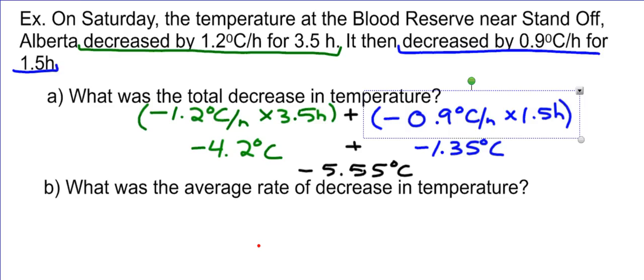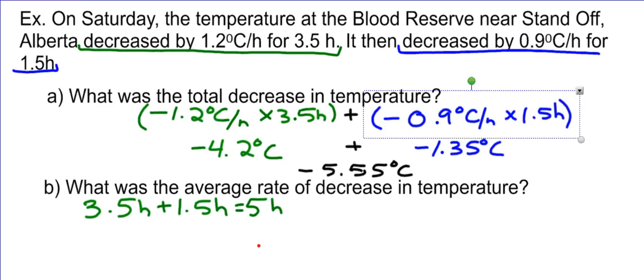Now I'm asking for the average rate. The average rate means that in those total hours, what was the average change? We know that in the first 3.5 hours the temperature changed more quickly than in the last hour and a half, but we're looking at the average. In order to know an average, we need to know how many hours we're dealing with. So our total time is 3.5 hours and 1.5 hours, so our total time was 5 hours.